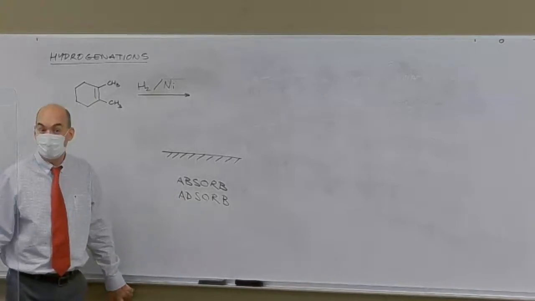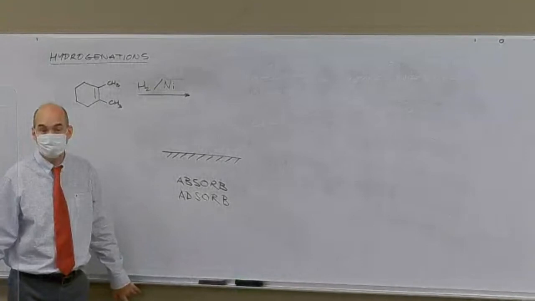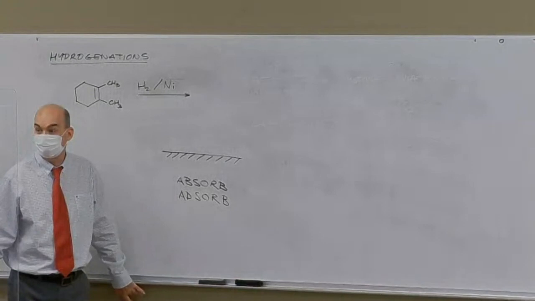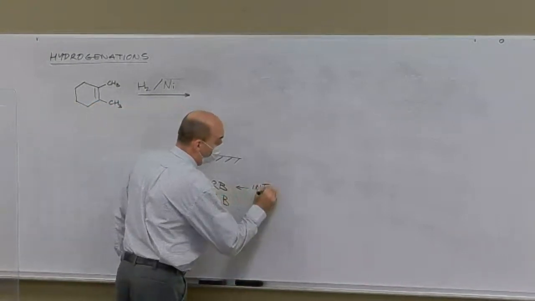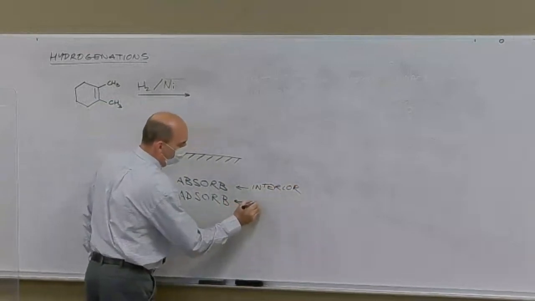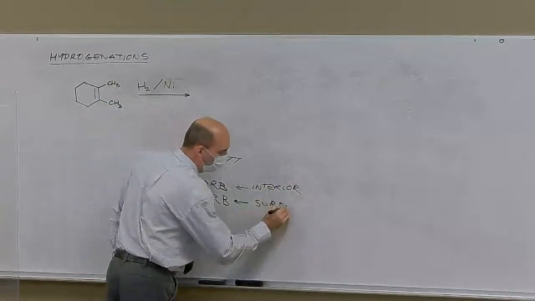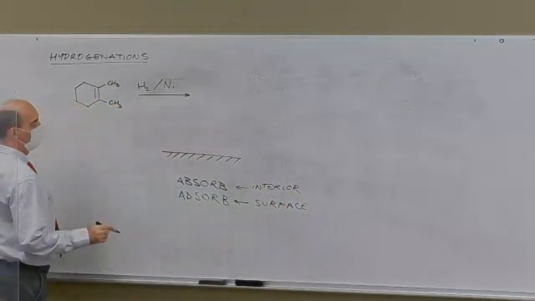The walls did not absorb the paint, because if they did, we'd need a lot more paint. They've adsorbed the paint. It only went on the surface. So absorb is when you take something into the interior. Adsorb is when it's only on the surface.